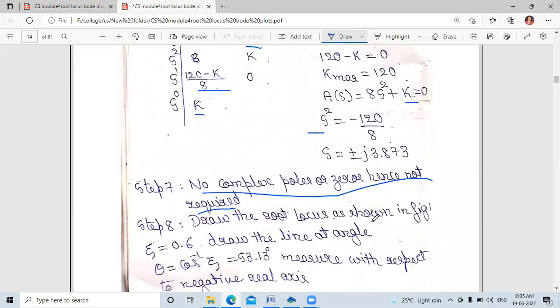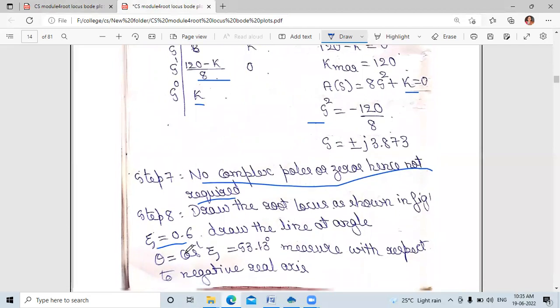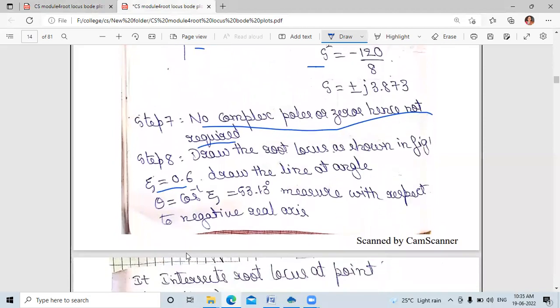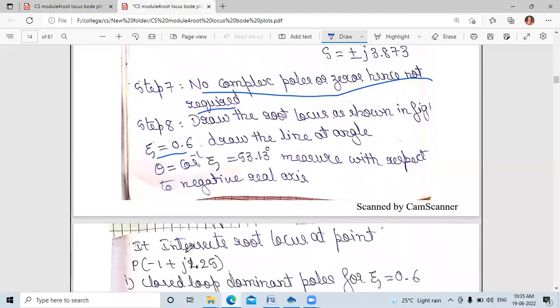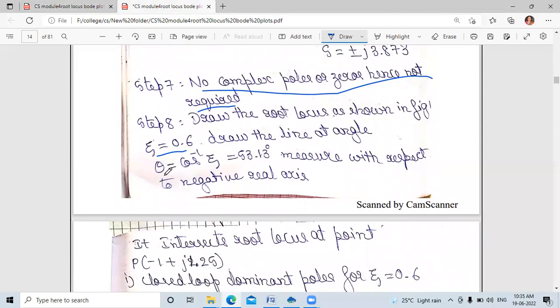So draw the root locus as shown in the figure. Zeta equals 0.6, the damping they have given. Draw the line at angle theta equals cos inverse of zeta. So theta equals cos inverse of 0.6, and you will get theta as 53.13 degrees. That is measured with respect to the negative real axis.